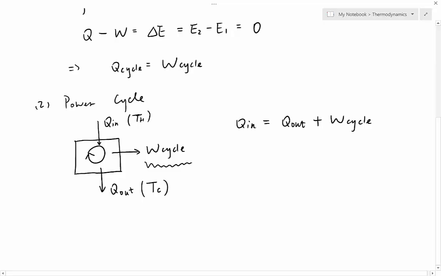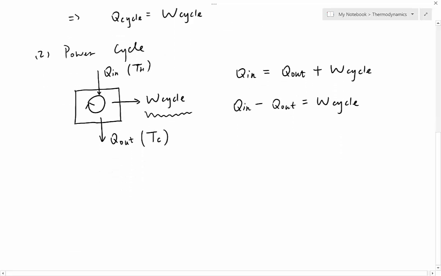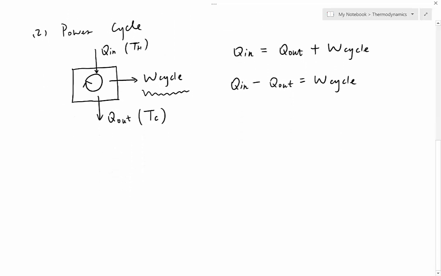So this is our energy balance equation. Or you can move the two Q's to one side, which will give you Q in minus Q out is equal to W cycle. Okay, so this is a power cycle. This is how your engine works essentially.